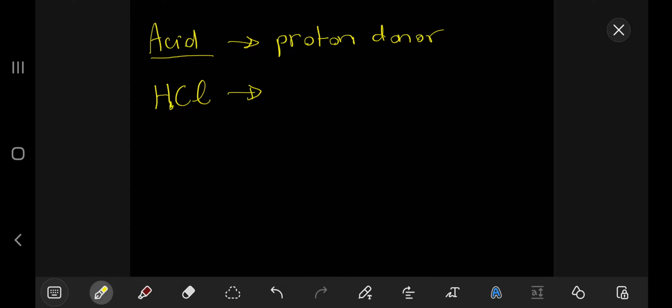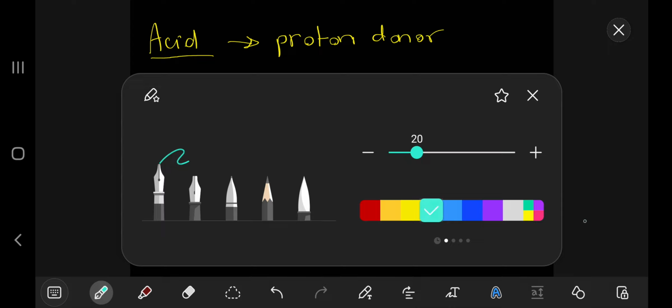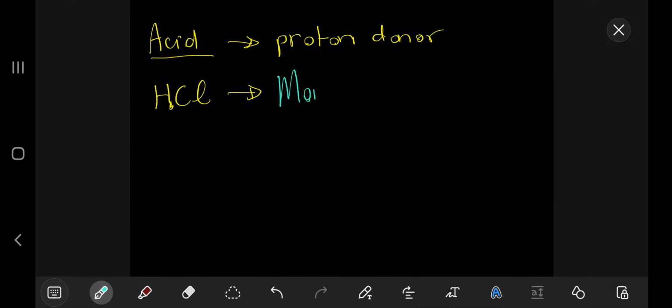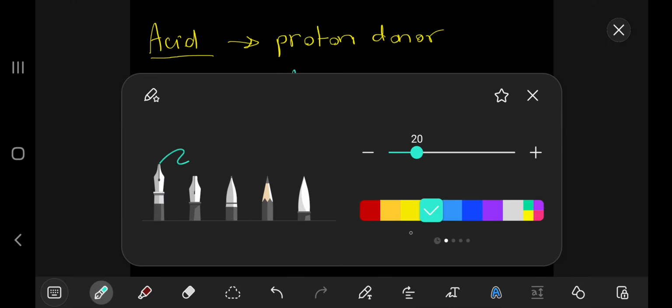So if the acid donates only one, then we call it a monoprotic acid.